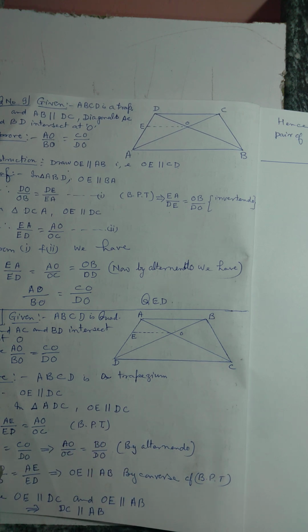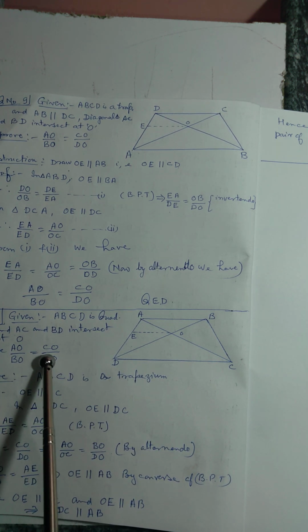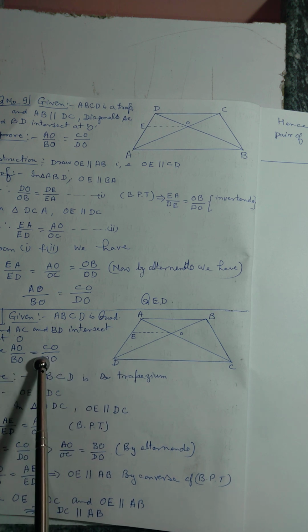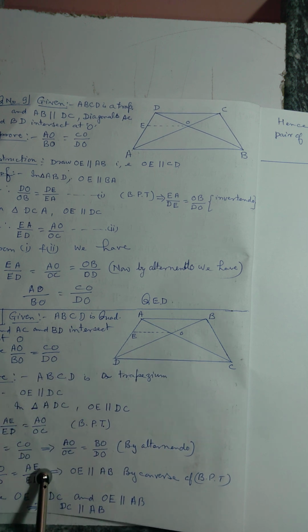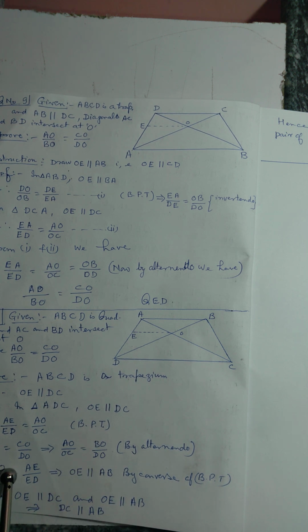And AO upon BO is equal to CO upon DO. It is given already. That can be changed like this.